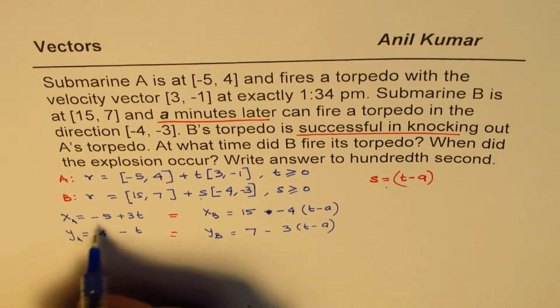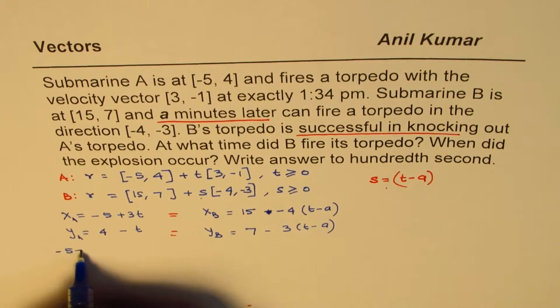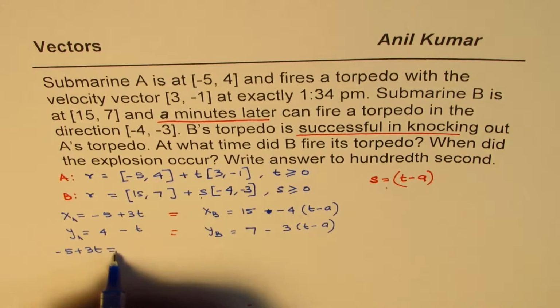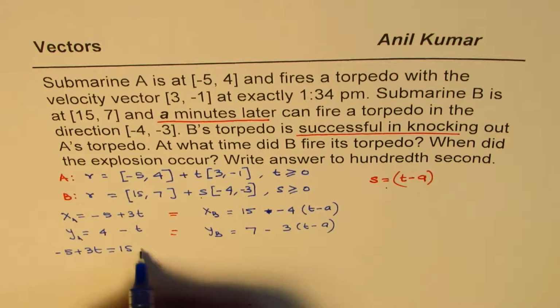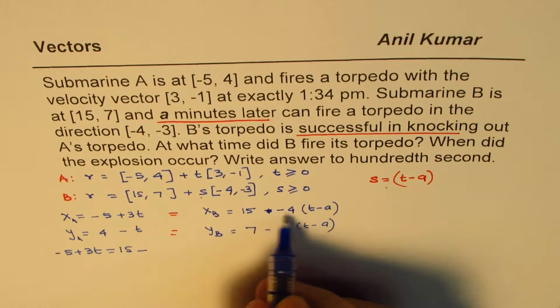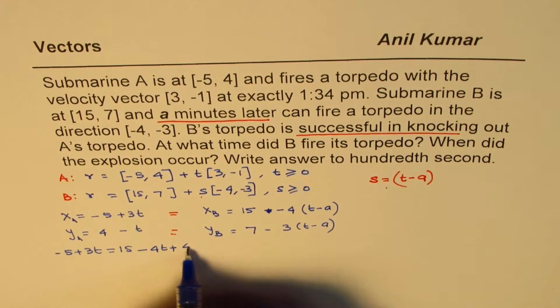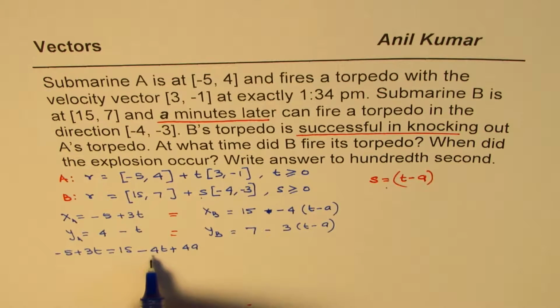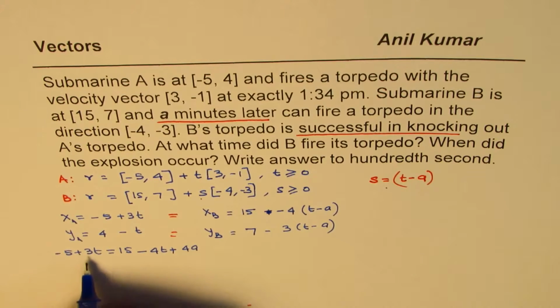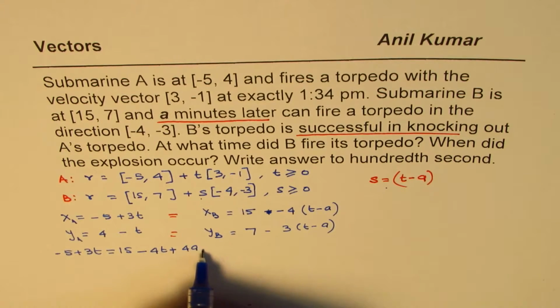So let's solve. We have -5 plus 3t equals 15 minus 4t plus 4a, after opening this bracket. We can rearrange this equation, bringing 4t to this side and 4a to this side.